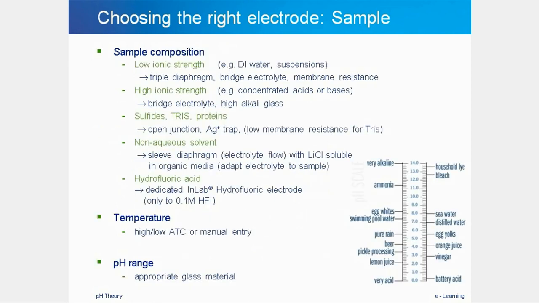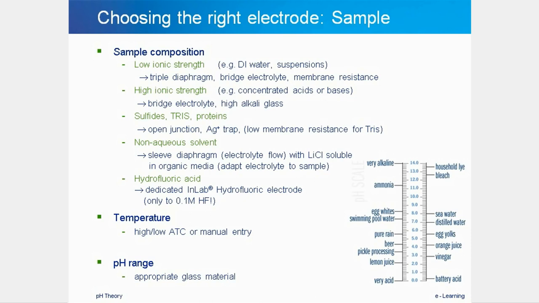Other examples of samples are low ionic strength samples like deionized water, which benefit from double bridge electrodes with low membrane resistance. For high ionic strength samples with high pH value, high alkali glass is important. For samples with sulfides or proteins, a silver ion trap is important.